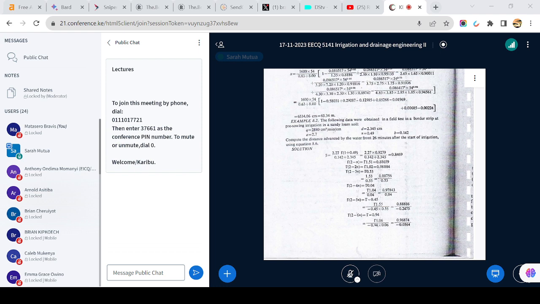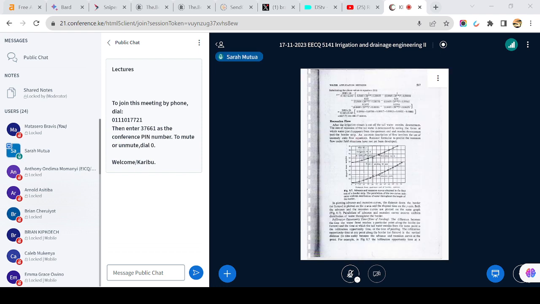Now, what is again important when we are dealing with border strip irrigation systems is, if this is your border, and you release your water at this point, at some particular point you are going to get the water advancing, and then you are going to cut down the water inflow, and then the remaining water which was accumulated on the surface will continue to flow downstream.